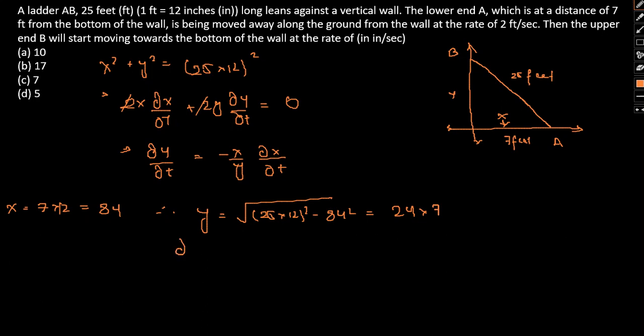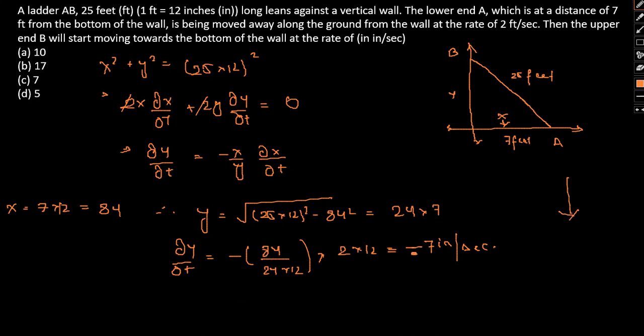Now if we find dy by dt, we get minus 84 by 24 into 12 into 2 into 12, that is minus 7 inches per second. So this minus sign indicates that it is moving in a downwards direction. So our answer would be option C, 7 inches per second.